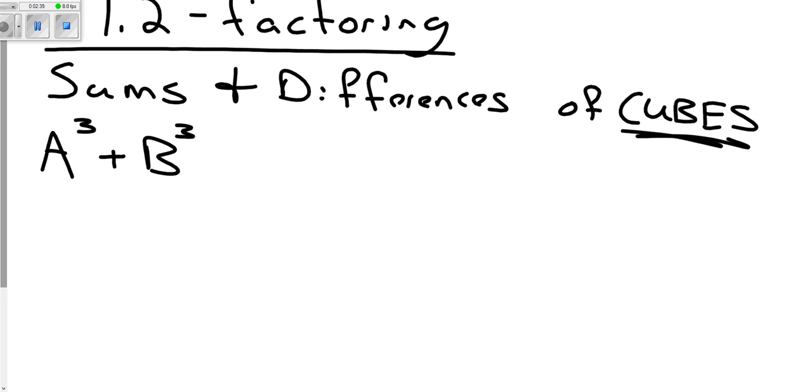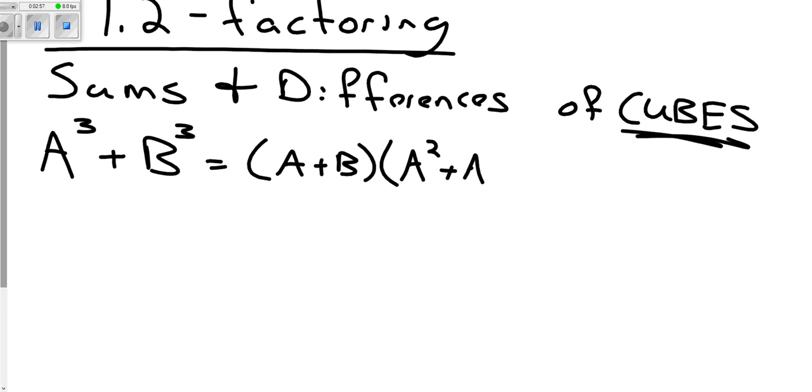Now to factor it, you make your first bracket just a plus b. And then your second bracket is going to be a squared plus a times b. Is there a 2 in there? Nope. Oh, easy.